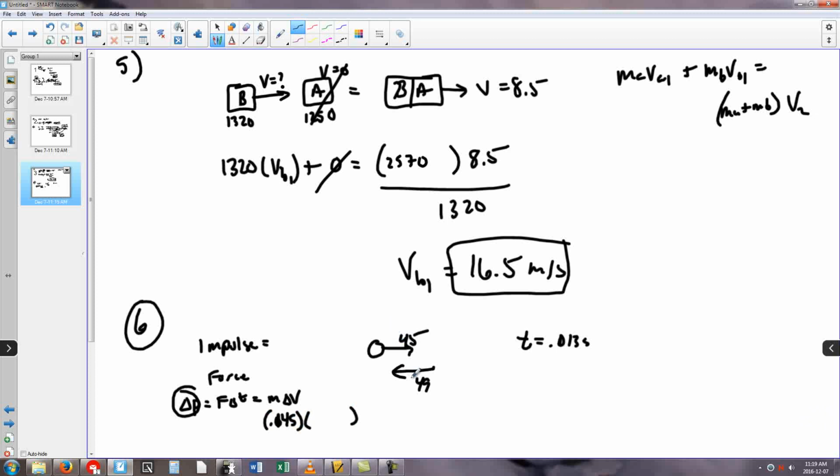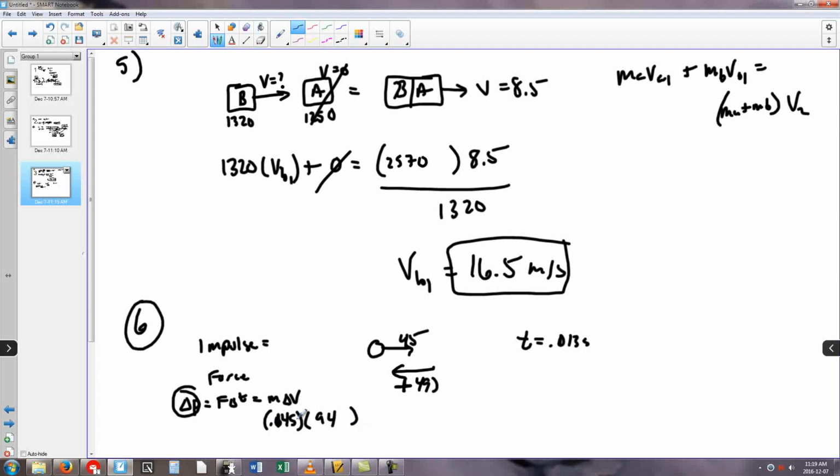If it was going 45 to the right, then the 45 to the left would be negative. And if we look at the difference in these, we don't think about subtracting. If you think about subtracting, you think about subtracting the negative, which really means to add them. If you add the 45 and the 49, you're going to end up with 94 for your value.